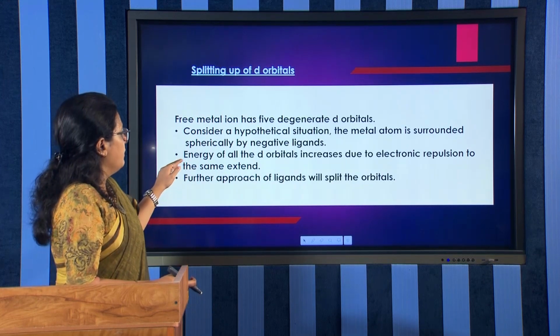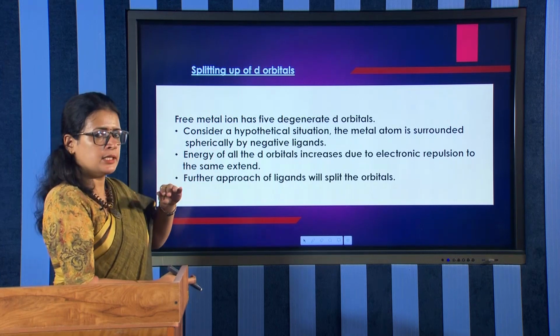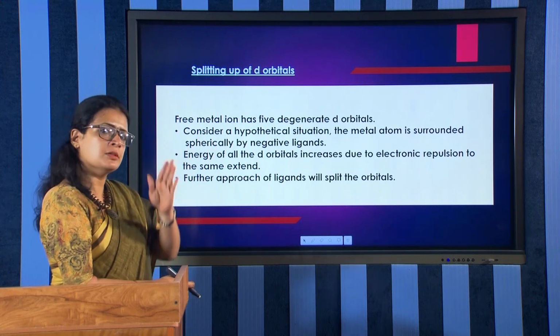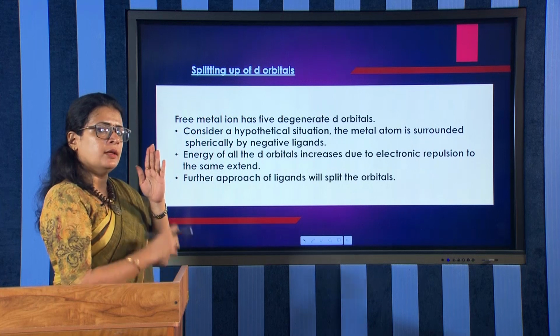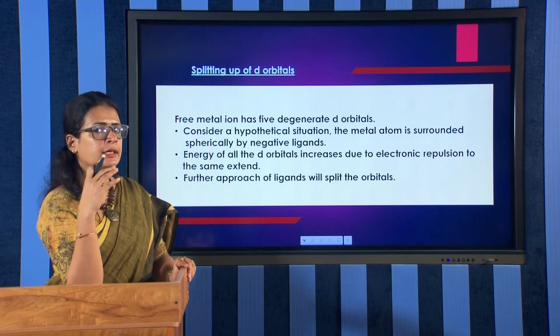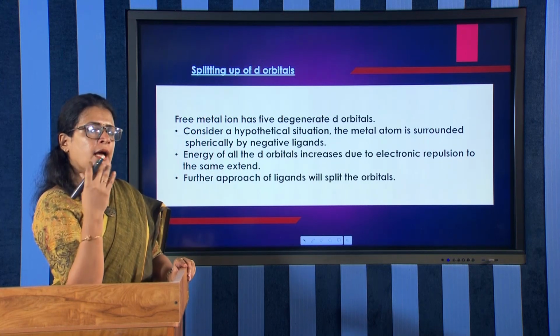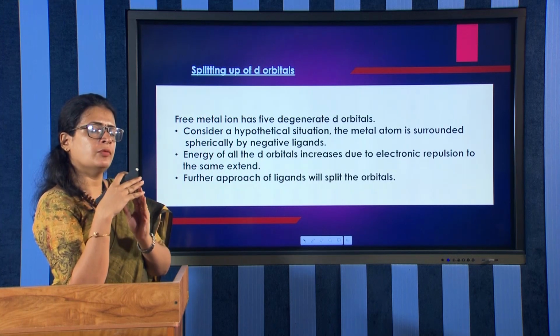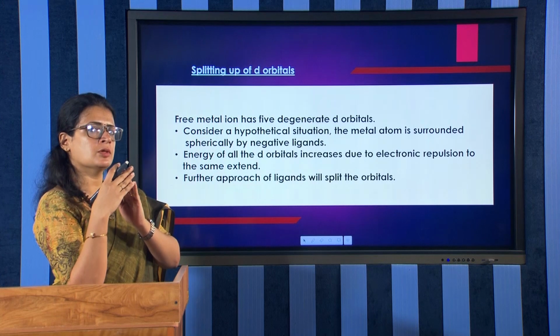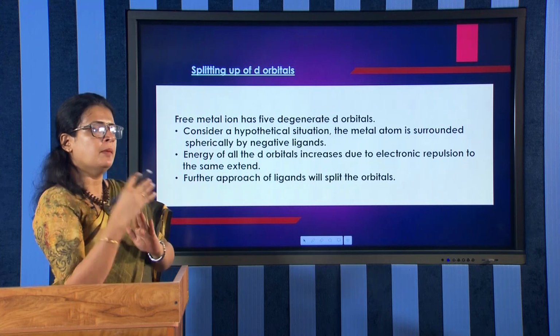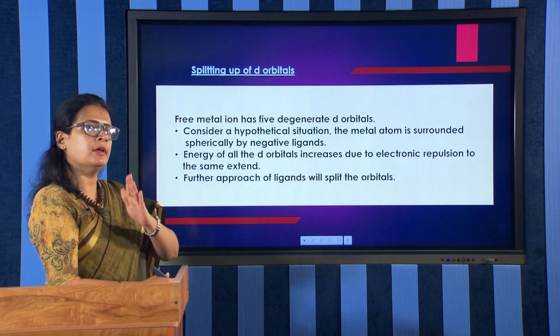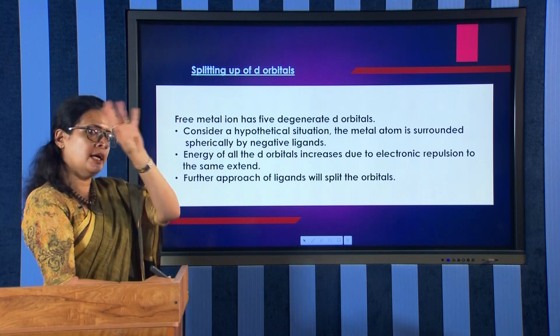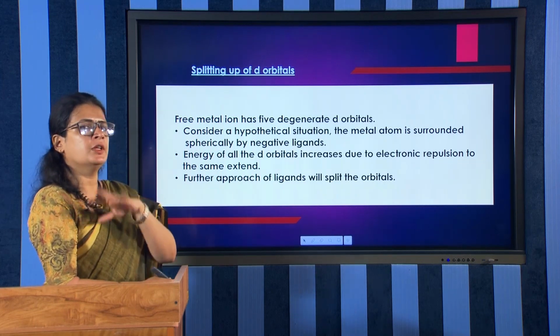In such a situation, the energy of the d orbitals will increase. Why? Because the negatively charged ligands are approaching the central metal atom, and the energy will increase because of the electron-electron repulsion. But this increase in energy will be to the same extent because it is a spherical surrounding of negative charges.